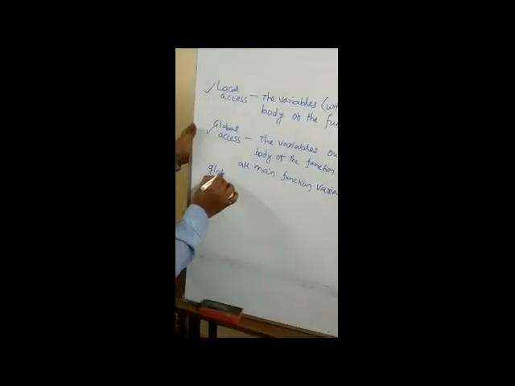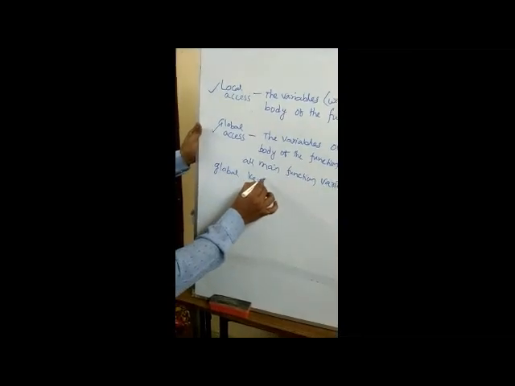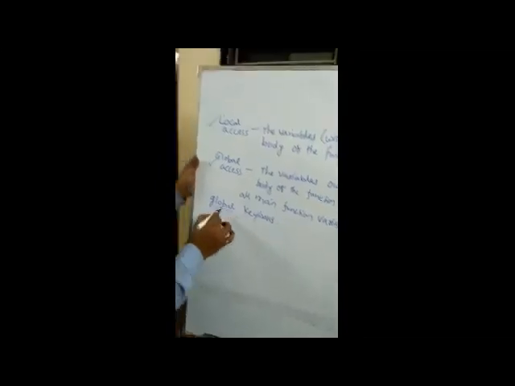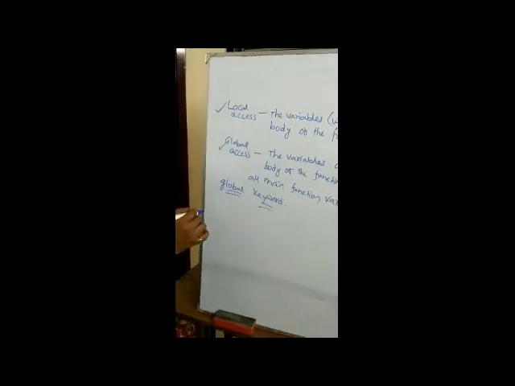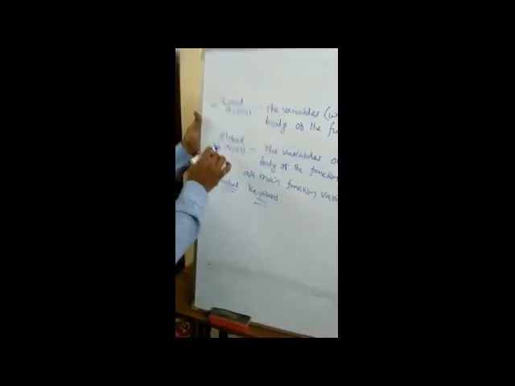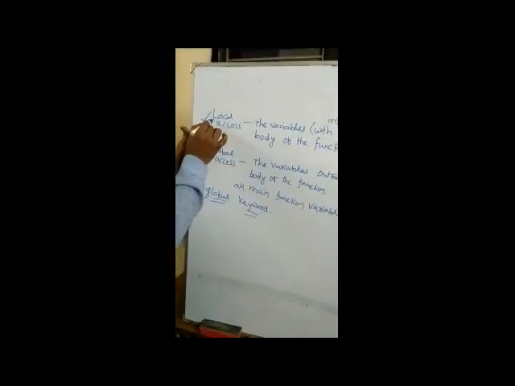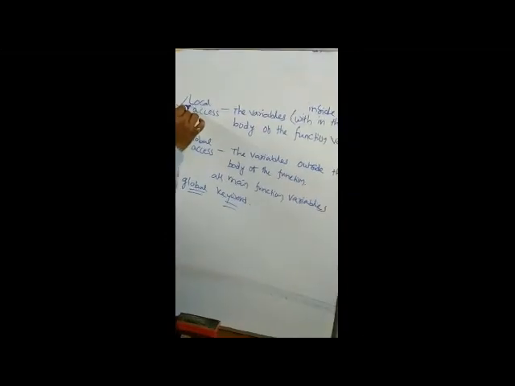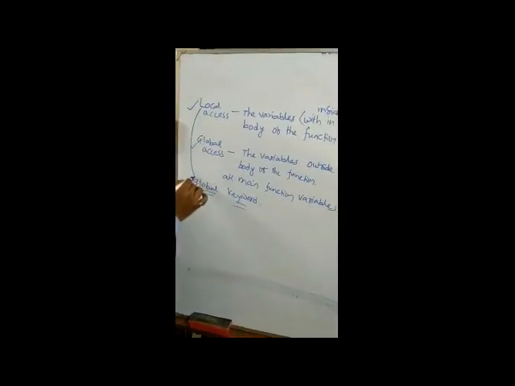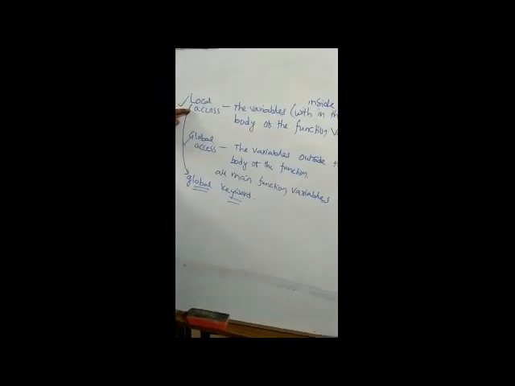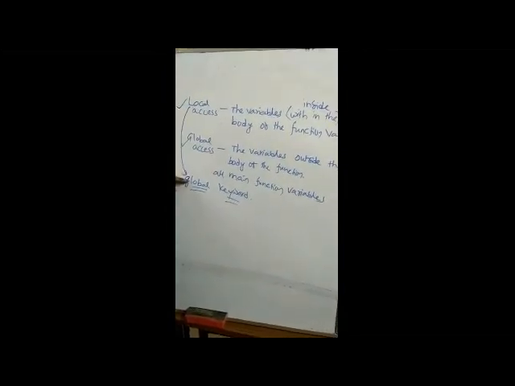Then we introduce a new keyword in this concept, the global keyword. So we have global variable, global access, local access. Local variables act as global variables by using this global keyword.